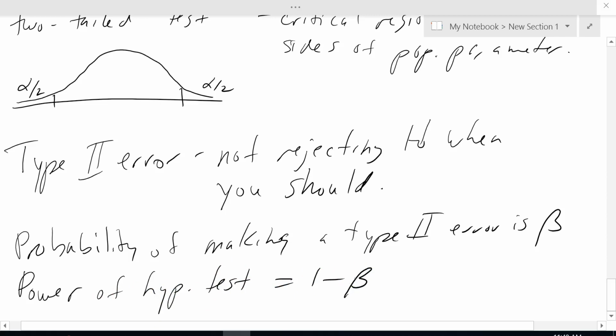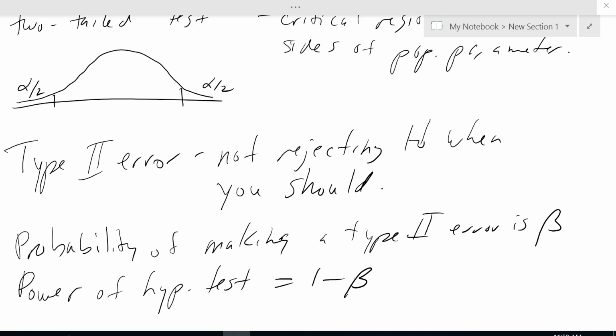It's 1 minus the probability that you make a type 2 error. Power means that you reject the null hypothesis when you should, right? So the probability that you didn't reject it when you should has something to do with the power. So you want the probability of making a type 2 error small so that your power is high.